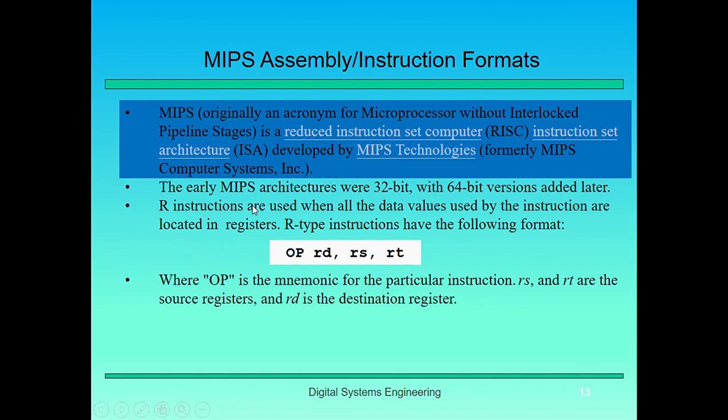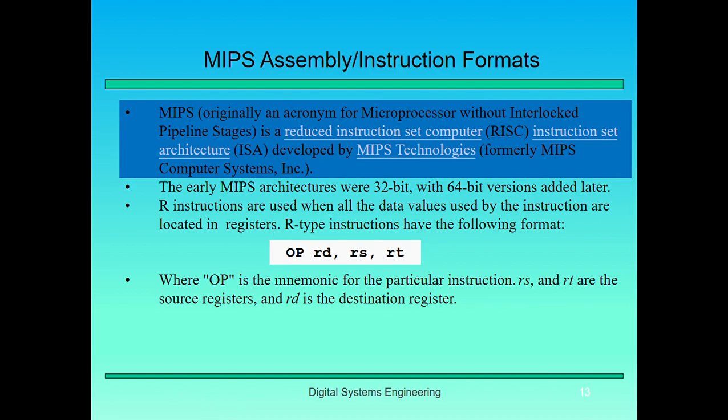R-type instructions are used when all the data values used by instructions are located in registers. R-type instructions have the following format: OP, RD, RS. This is the format.